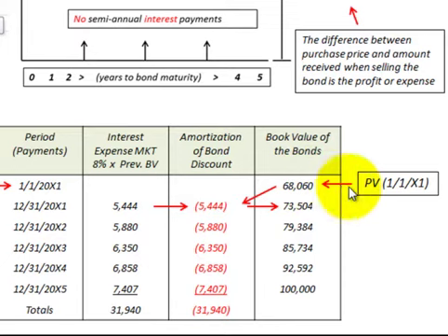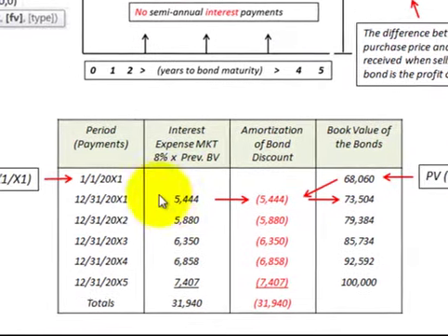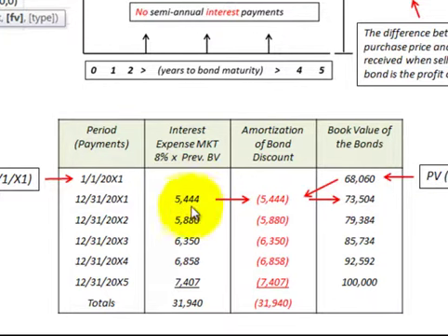That's when it was issued at the beginning of year 1. And then for the interest expense for that first year, we take the market rate of interest, 8% in this case, times this book value, and we determine the interest expense to be $5,444. So that would be the amount that we amortize on this discount to this bond.